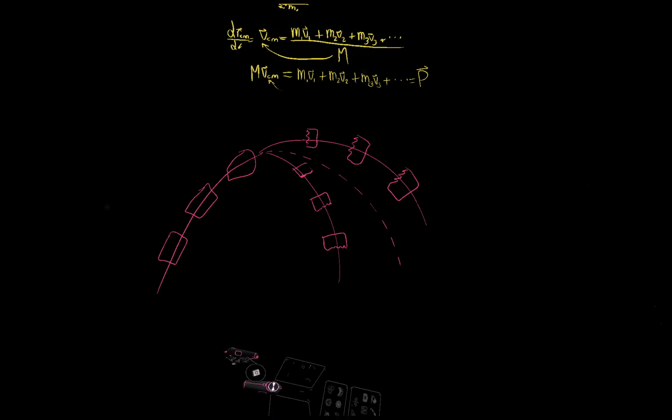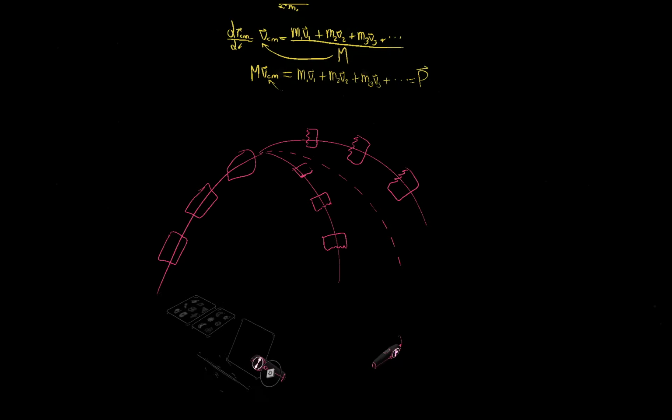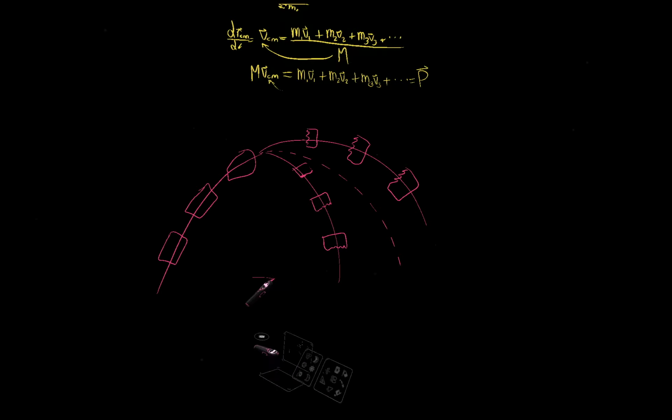But the center of mass, if you consider both of these as existing as the particles of a total system, the center of mass of that total system is continuing on the same trajectory as if the firework did not break up. So after the shell explodes, the two fragments follow individual trajectories. The center of mass continues to follow the shell's original trajectory because this is the center of the mass.